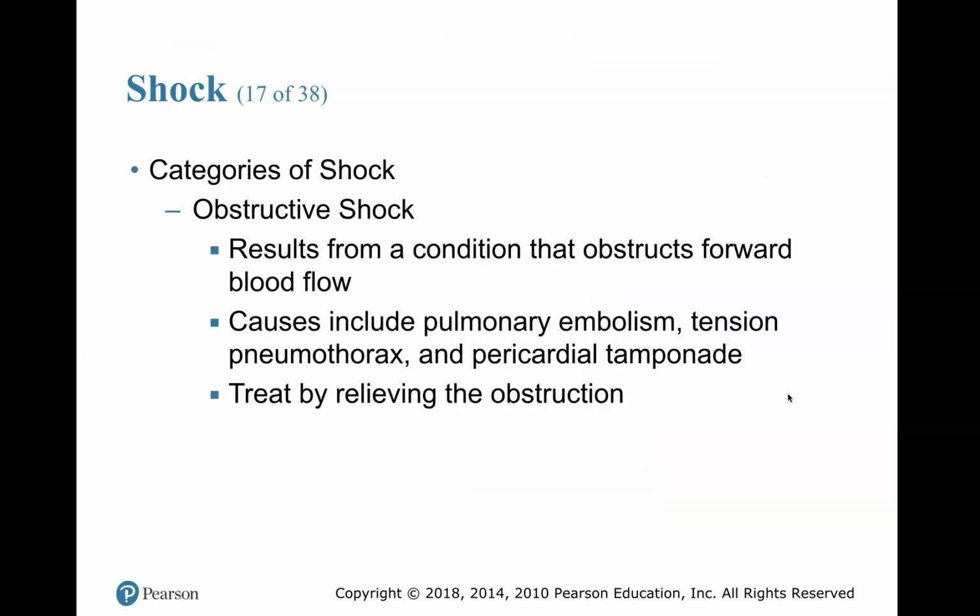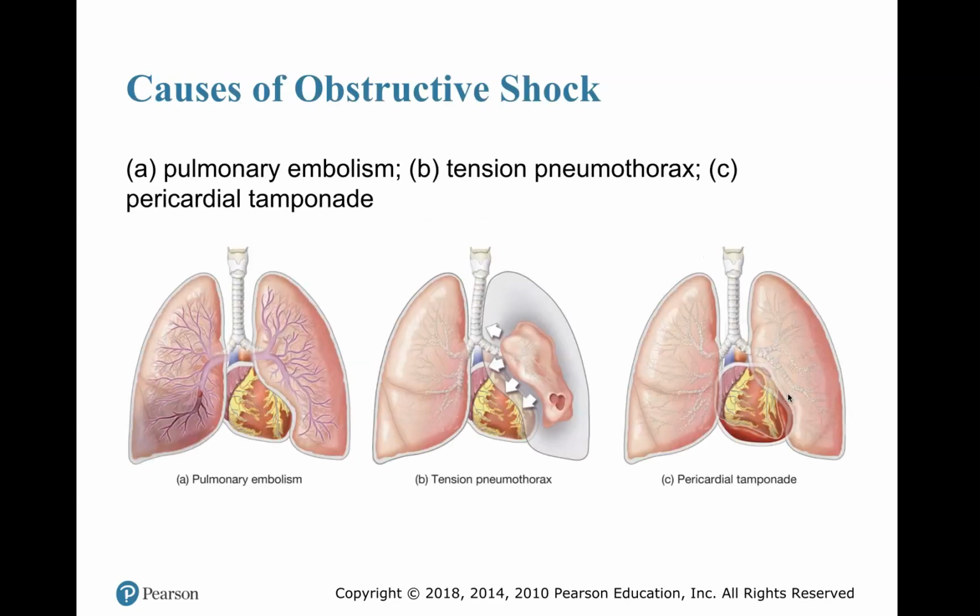Obstructive shock results from a condition that obstructs forward blood flow. Causes include pulmonary embolism, tension pneumothorax, and pericardial tamponade. Treat by relieving the obstruction. So we here see obstructive shock.